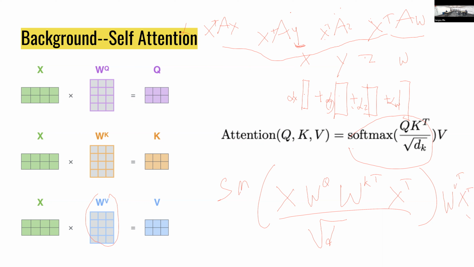But once you do this, you get new values of X, new values of Y, new values of Z, and W, which are mixtures of the previous values. You apply the same MLP to those values, and then you do a skip connection. You add what you had before to what you just got, and you repeat that many times. The same thing with multi-attention heads.